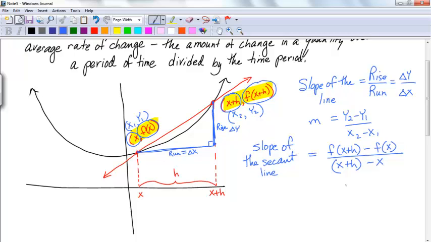Okay? And if you simplify that out, you end up with f of x plus h minus f of x, and the x's subtract out, so it's all over h. Okay, and this is the slope of the secant line.